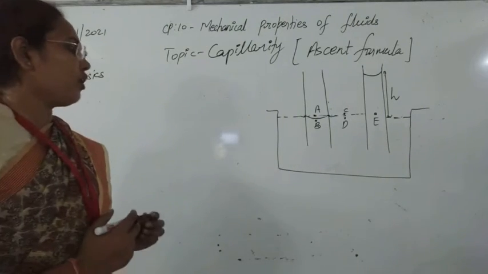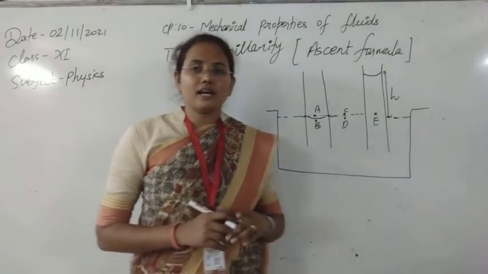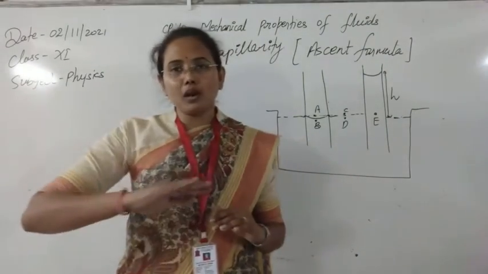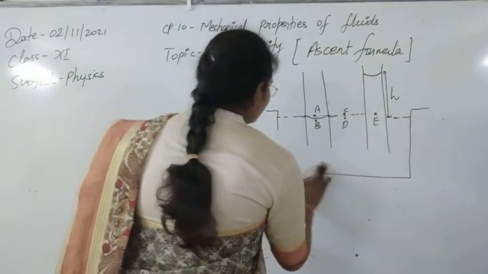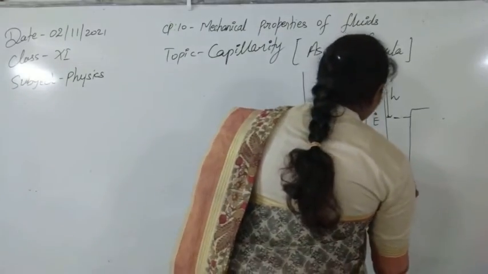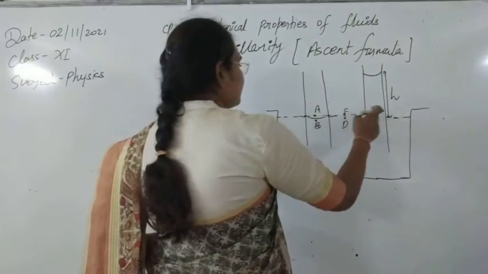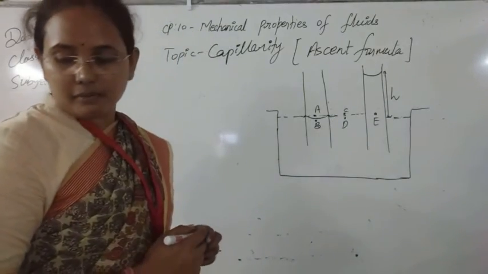Now as you know, according to the pressure law, hydrostatic pressure will be the same along the same horizontal line. So if along the same horizontal line the hydrostatic pressure is the same, then at points A, C, E, on each one this will always be the same.